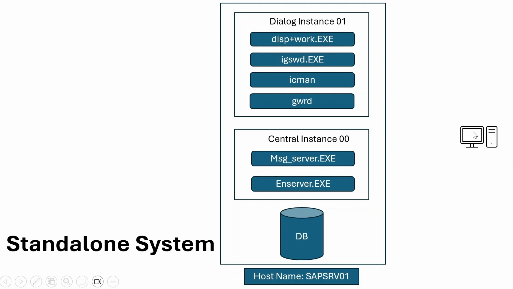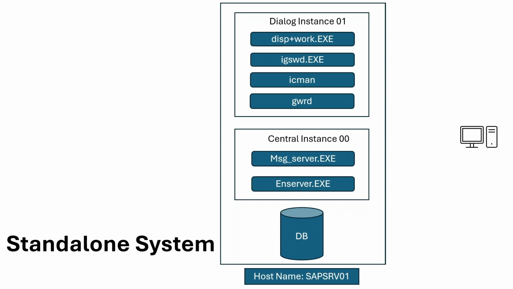If your user is not able to connect to the system using a web browser, you check whether ICM is properly configured or not. If your system is not able to communicate with others, you check whether the gateway process is running or not. So troubleshooting is embedded into the architecture. The more clarity you have in your architectural understanding, the better a troubleshooter you are.